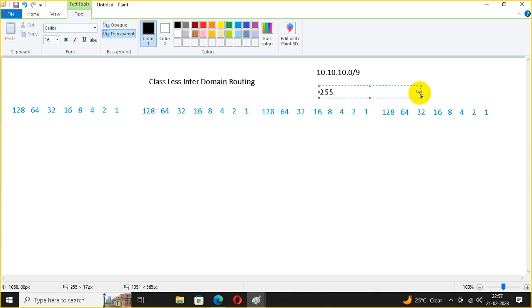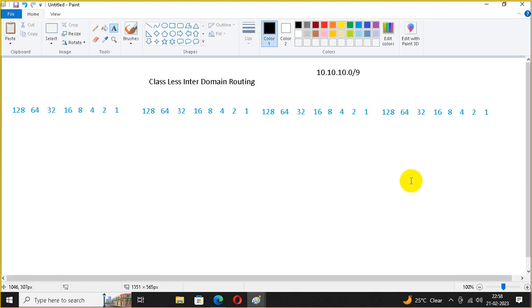How come 9? I am telling you. What is my lowest value? The lowest value is 8, right? So how much is 9? 8 plus 1. Then 255, and then 128.